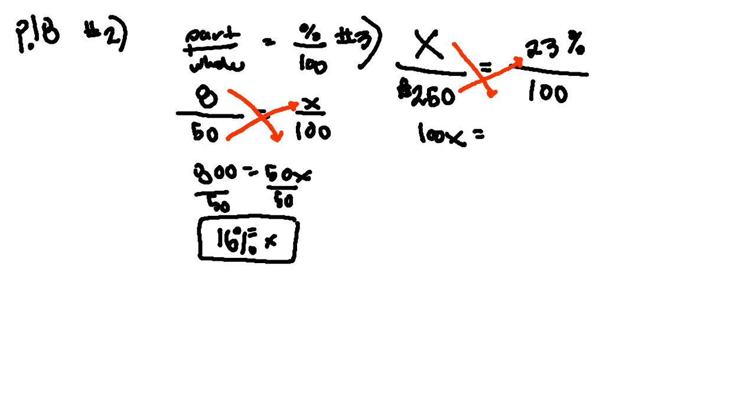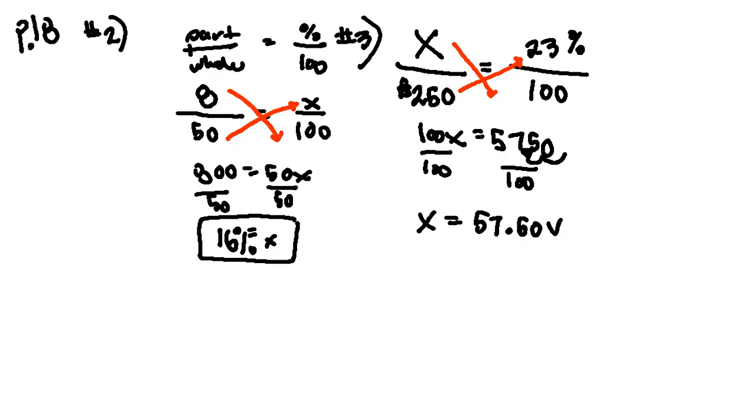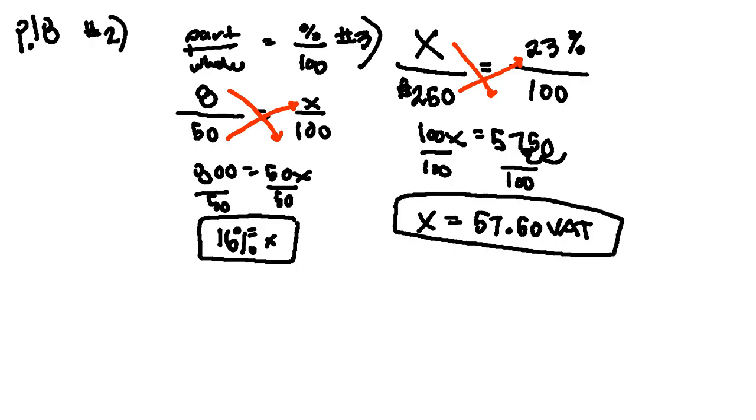Divide by 100, divide by 100, and x equals, rules for division, that's just going to move my decimal 2 places to the left. So it's going to be 57.50. That is your VAT.